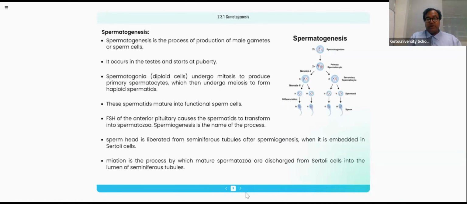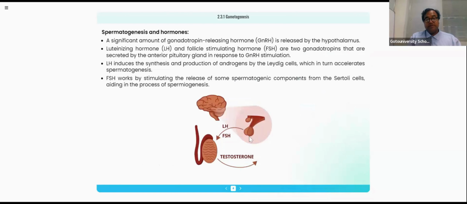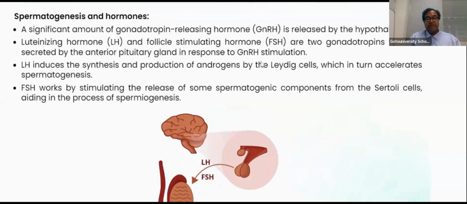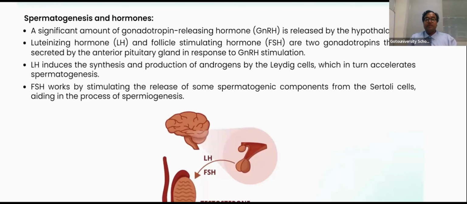So now we are entering the important segment in this concept, spermatogenesis and hormones. If we're talking about it, gonadotrophin releasing hormone is released by the hypothalamus. This gonadotrophin releasing hormone influences the pituitary gland, exclusively the anterior lobe of the pituitary.